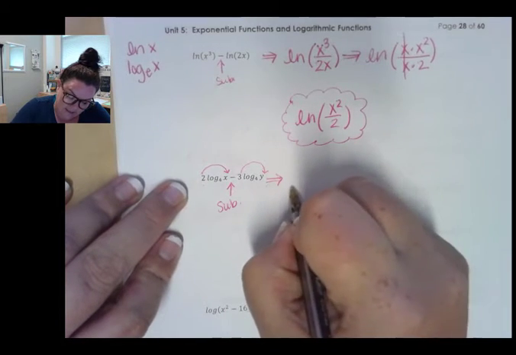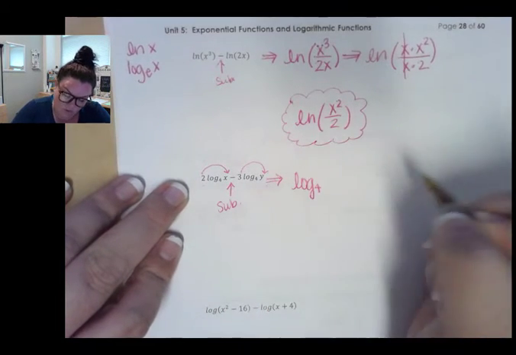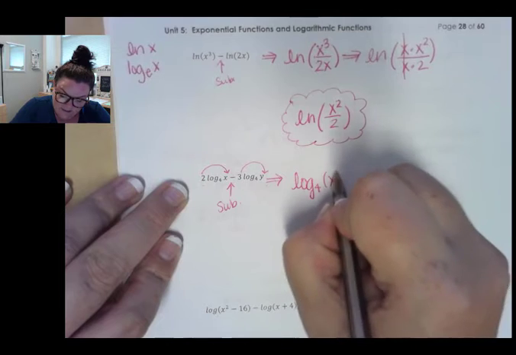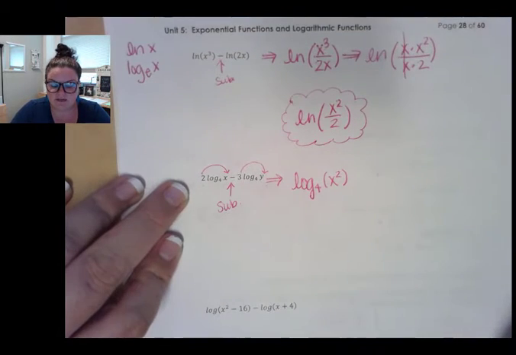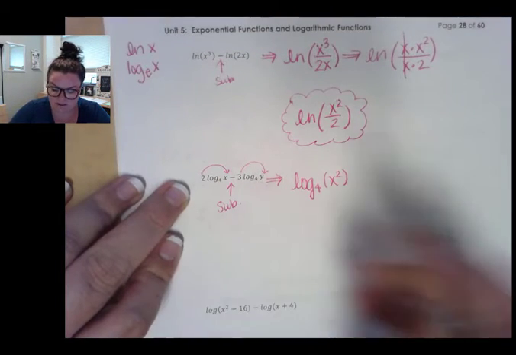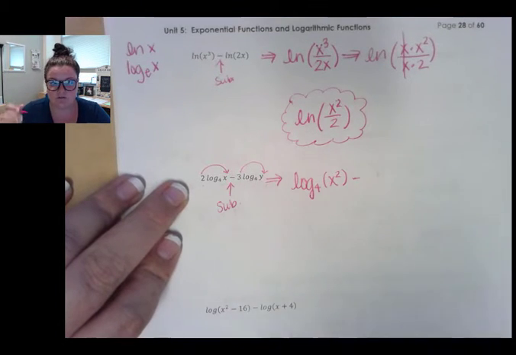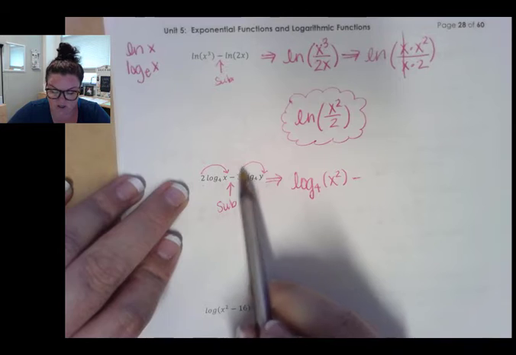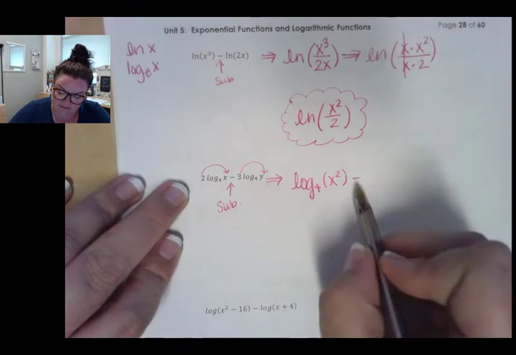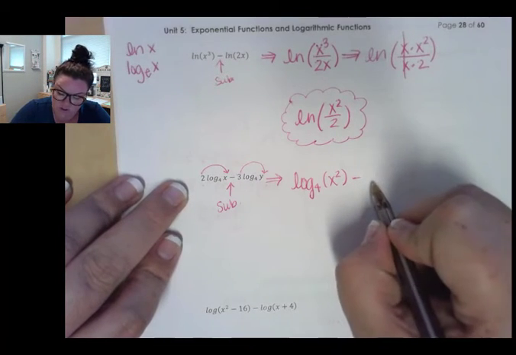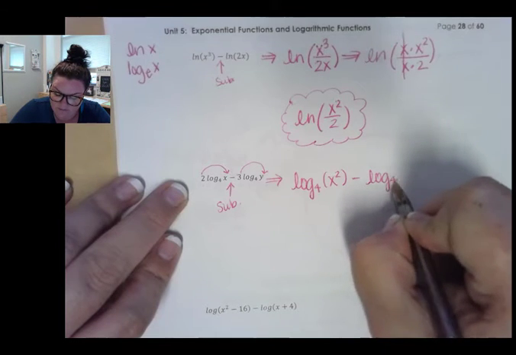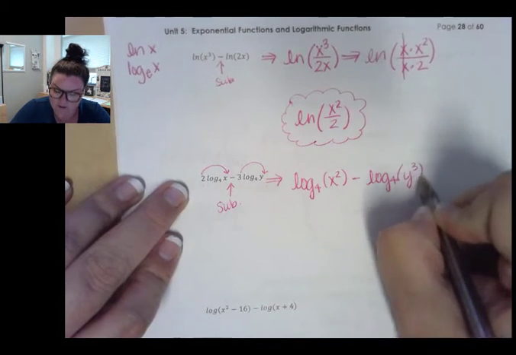So that's going to look like log base 4 of x squared, right? Because I'm just putting this 2 up in the exponent, minus, now I'm not going to take the minus with me because the minus tells me what rule to use next. So I'm just going to take the positive 3 up and leave the minus between the two terms. So minus log base 4 of y cubed.